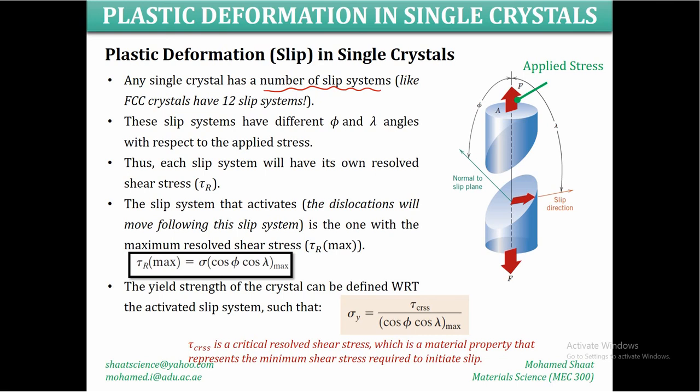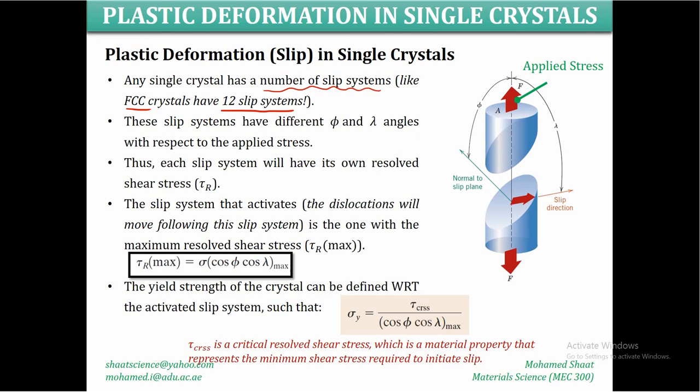So there is a dislocation that is going to move as long as this force is bigger than the yield strength of the material. But the question is, the dislocation motion is going to follow which one of these slip systems? If this crystal is FCC, there are 12 slip systems.